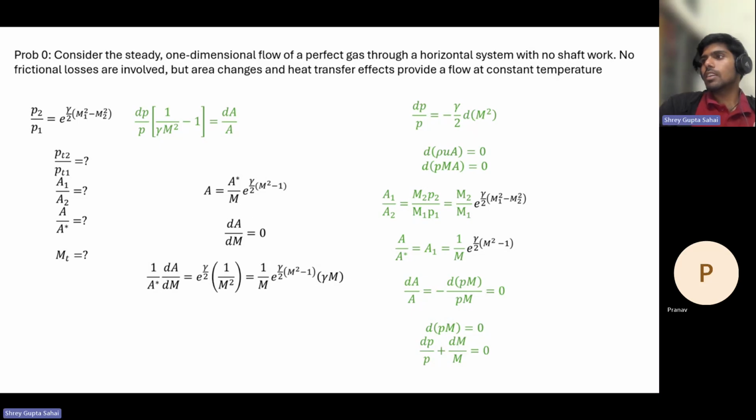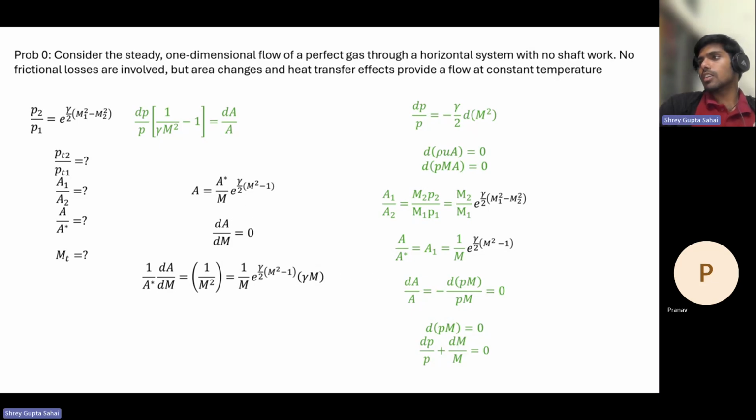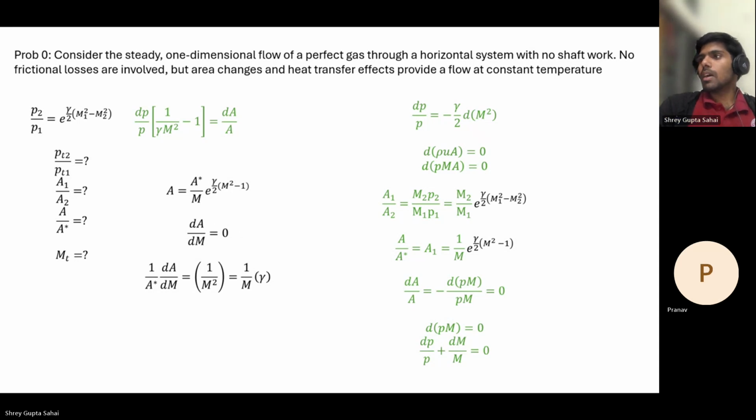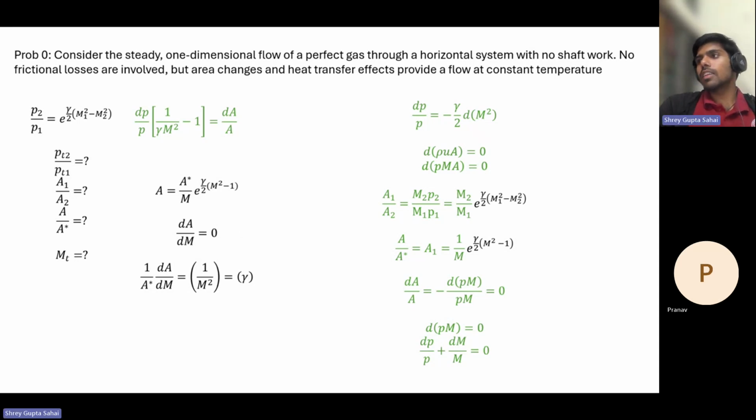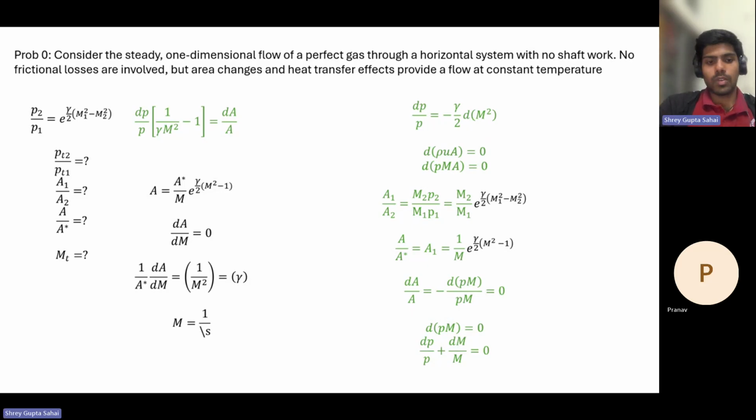This thing will get cancelled. This exponential term will get cancelled. Mach number gets cancelled, and we will get Mach number equals 1 by square root gamma, which is the Mach number of minimum area.